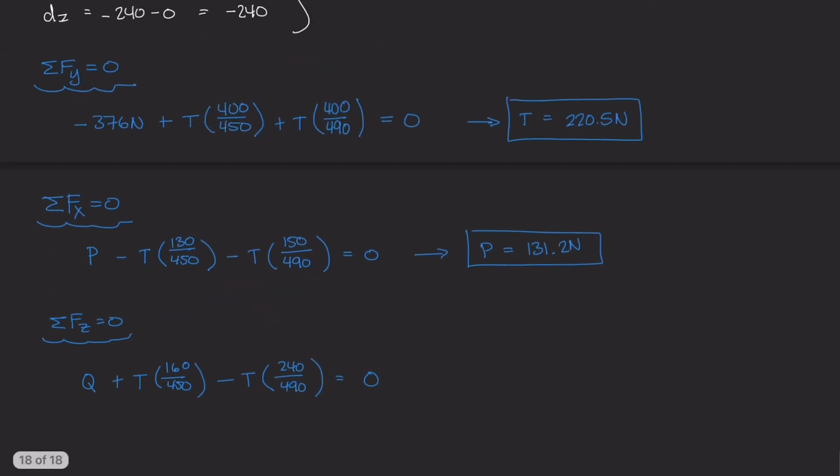Now again, we know what tension is. It's 220, so we know this and we know this. The only unknown is Q. And if we just solve for Q, our Q value is about 29.6 newtons. There we go. Our force P has an x component of 131, and force Q has a z component of 29.6.